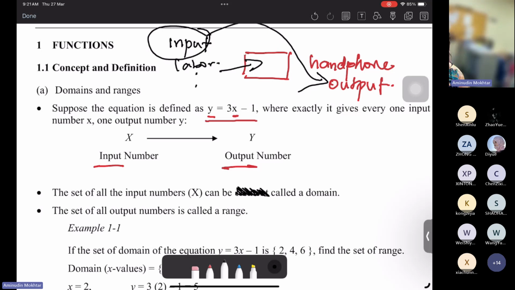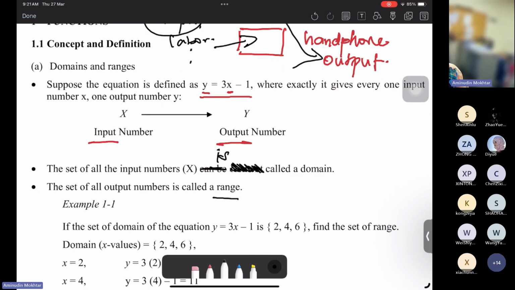We can also write that the set of input numbers x is called a domain. And the set of all output numbers is called a range.